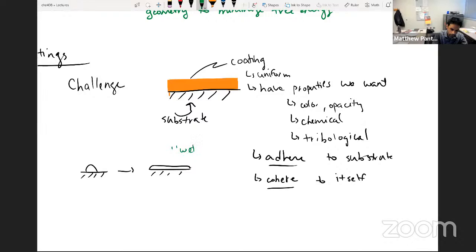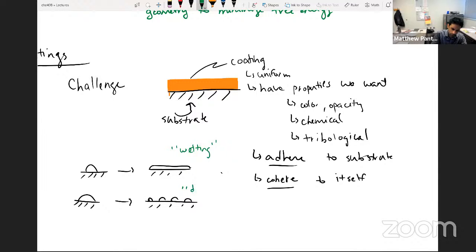We want it to wet the surface. The thing that we want to maybe avoid is something like this. We have some big droplet we put on there. The other thing that could happen, if that droplet is quite large, is it forms a bunch of little droplets.